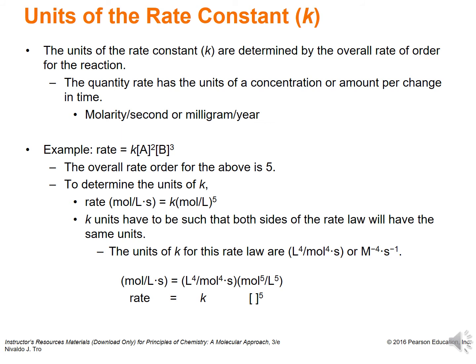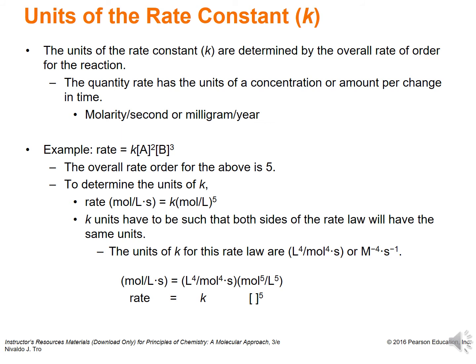So K units have to be such that both sides of the rate law will have the same overall unit. In this example, in order to keep that mole per liter per second rate, we're going to have something that gets rid of 4 molars, right? So M to the minus 4, s to the minus 1 would be the units of K here.